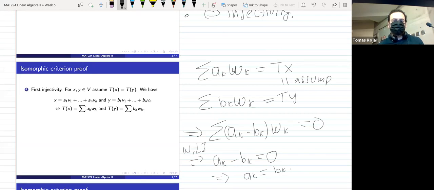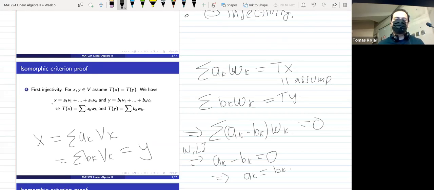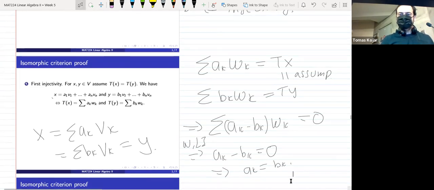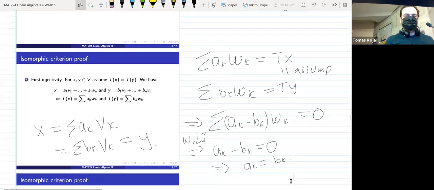So that means that x is y. It's the summation of ak vk, which is the summation of bk vk, which is y. Thank you. Questions? If you have a question, just let me know.